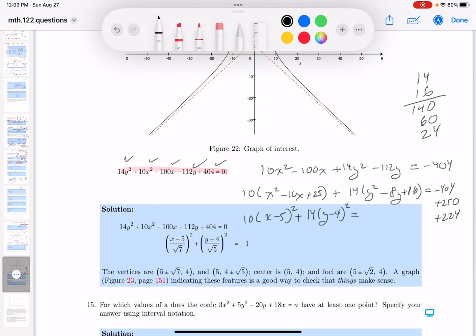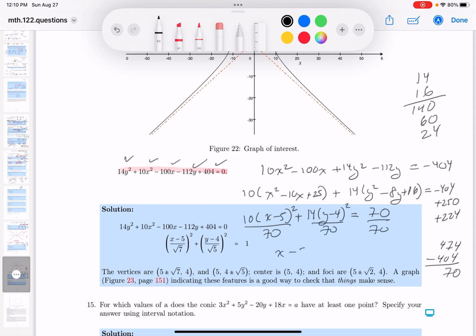I'm going to add the 250 to the minus 404 first, and 250 and 224 is going to be 474, so the right side is 70. Relatively simple. What do I do now? Divide both sides by 70, or every term by 70.